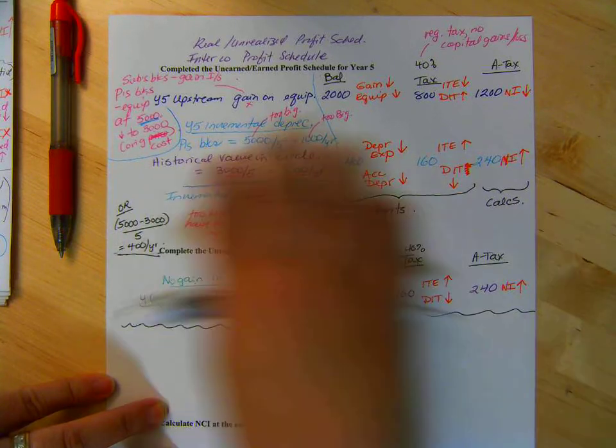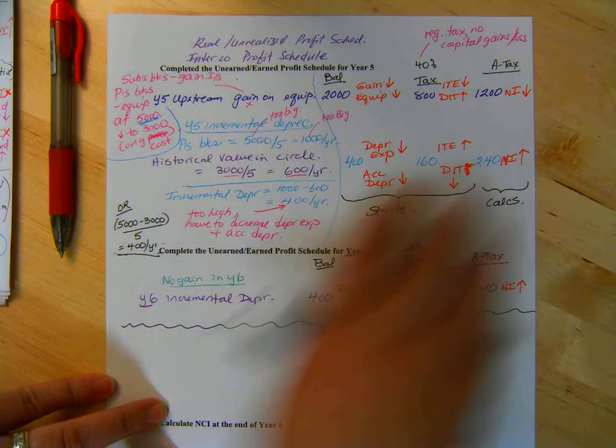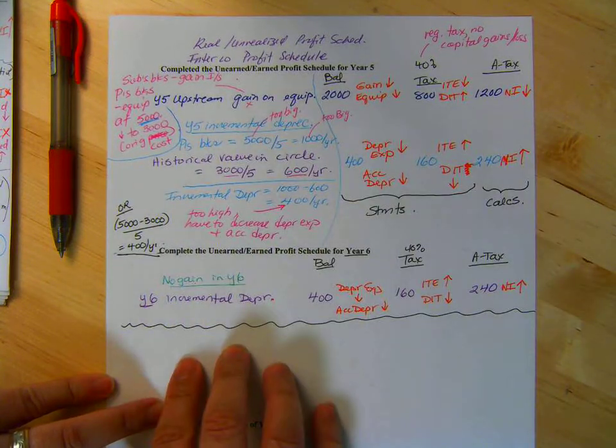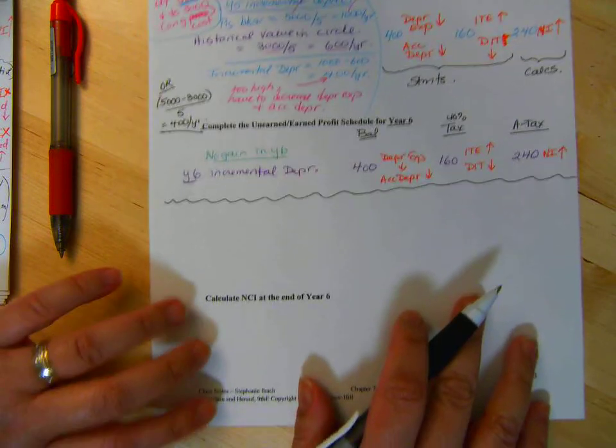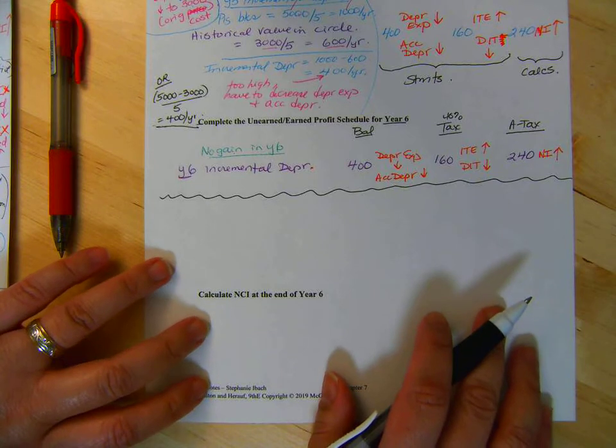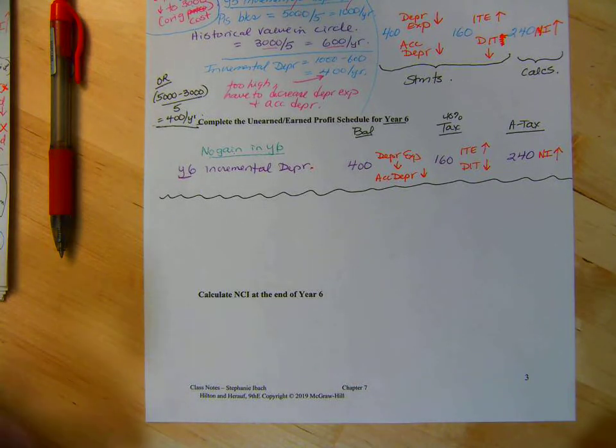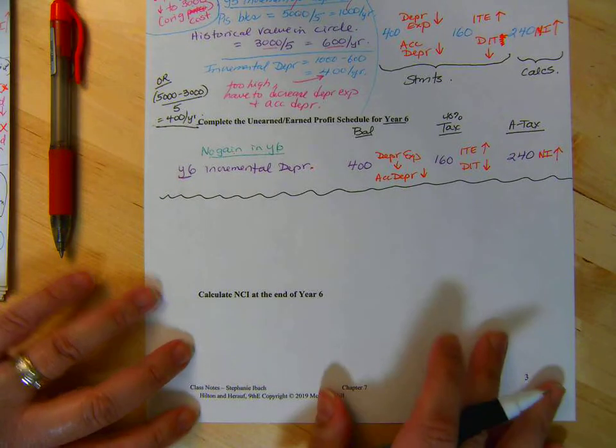So there's still some effects here that need to be carried over into year 6, but they won't be on the income statement. Just like with the land, we had a gain 1 year, and then the next year you didn't have the gain anymore, but you still had to lower the value of the land, or if it was a loss, increase it. So same kind of thing.